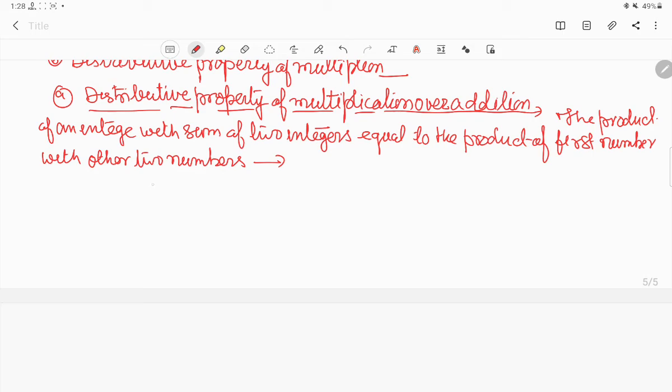For example, suppose here 2 into (3 plus 4). It means an integer multiplied by the sum of two numbers. This is equal to the product of the first number with 3, the first number in the brackets, plus the first number multiplied with the second number of the bracket.